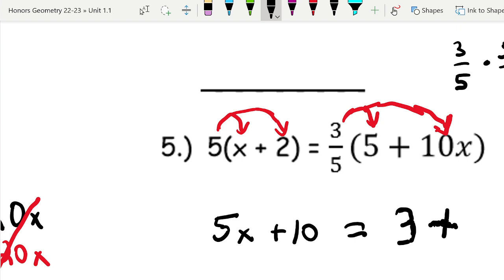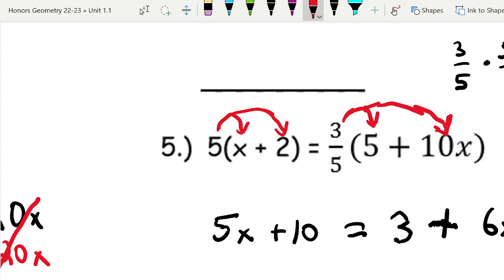Plus 3/5 times 10 over 1 gives us 30 over 5, so that is going to be 6x. And we can solve from here.